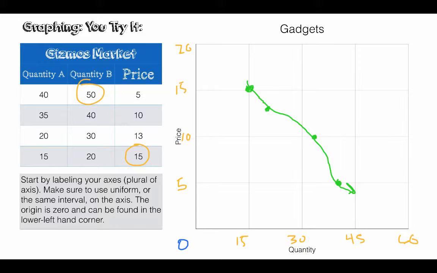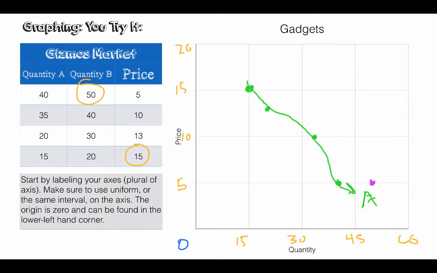The next one I'm going to make purple, and that's going to be my B. We're going to label the first one A, because we don't really know what it is just yet, but we're going to label it quantity A. Quantity B is going to be purple, and I have 50 at a price of 5. So here's my quantity of 50 at a price of 5.